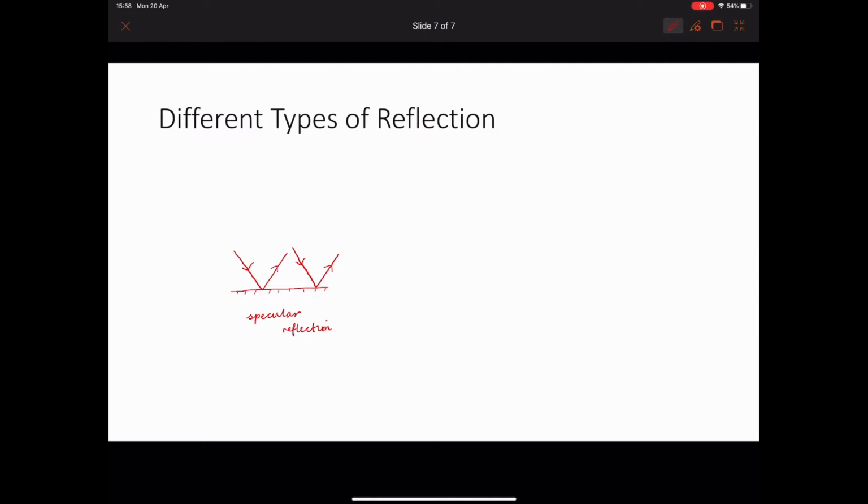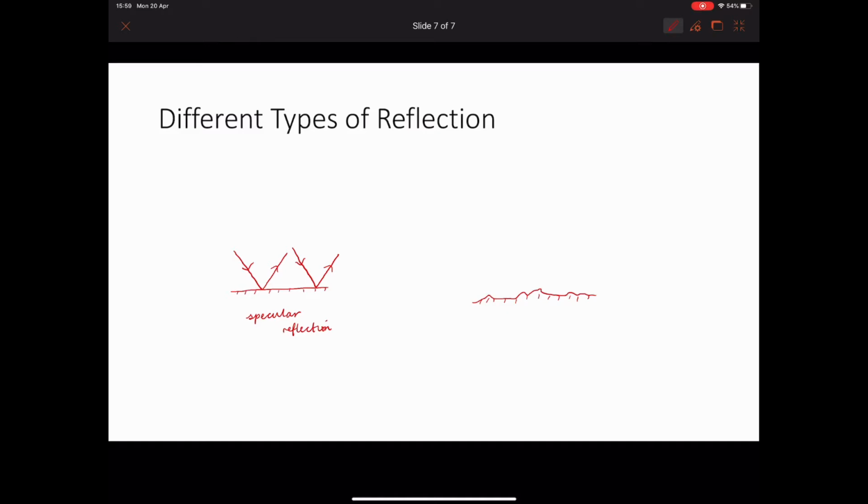If we have another type of surface, one that is quite rough and bumpy, like so, because remember, pretty much everything in our universe reflects light. There are only a couple of things in our universe that don't reflect light, so they'll either happen in this specular reflection or like we're about to describe.